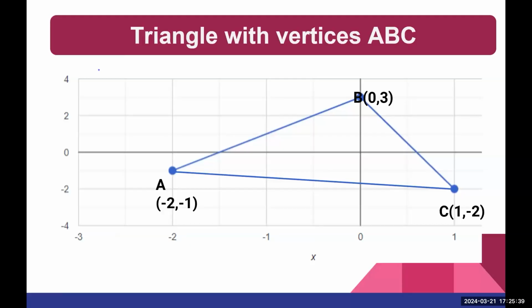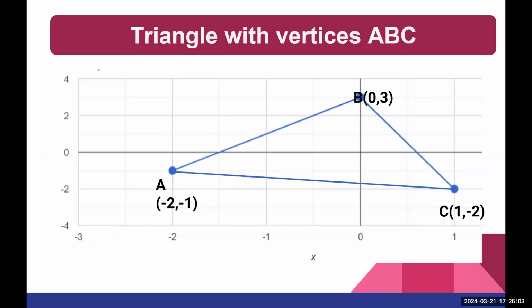All right, so let's look at a triangle here. This triangle has vertices A, B, and C. Now, the definition said, to get the vertex matrix, all we need to do is take the x and y coordinates and place them in a matrix. So give me the x coordinates first.